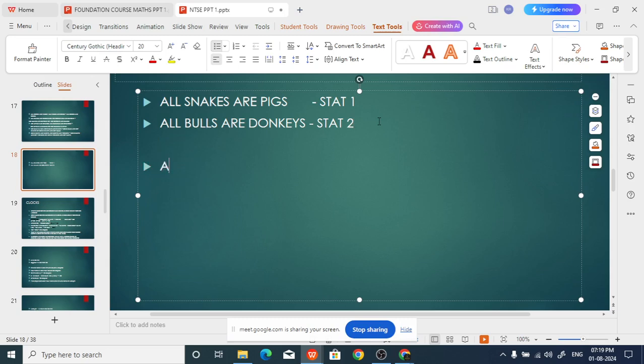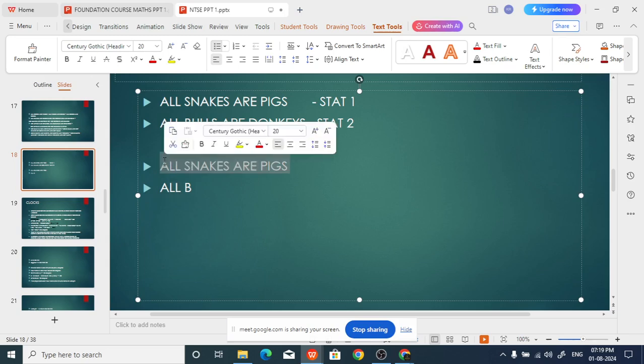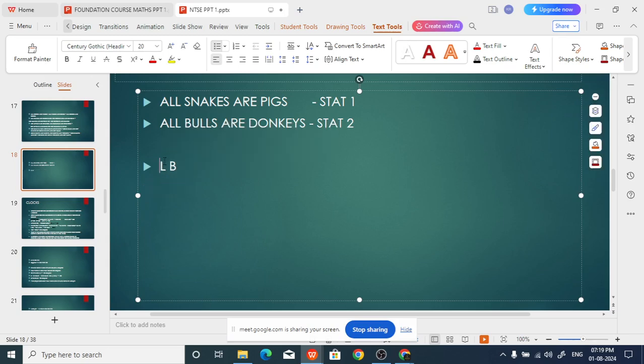Then next, all snakes are pigs, and all bulls are donkeys. Same question. Options are given. Option 1, conclusion is not possible.